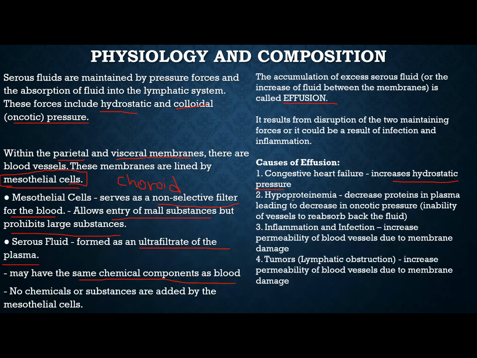If you're suffering from hypoproteinemia or low blood protein or decreased proteins in the plasma, this would lead to decrease in oncotic pressure. If you're suffering from inflammation or an infection, there would be increased permeability of blood vessels. And if you have tumors, which would cause lymphatic obstruction, this would also increase permeability of blood vessels due to membrane damage. So if there's an increased permeability, there would be increase in serous fluid, causing an effusion.